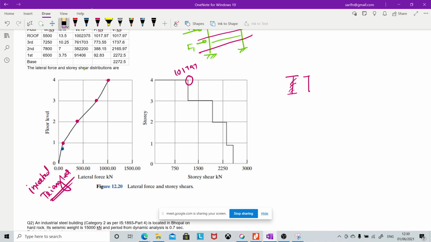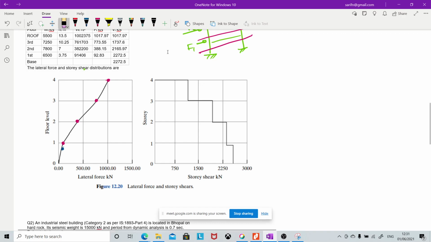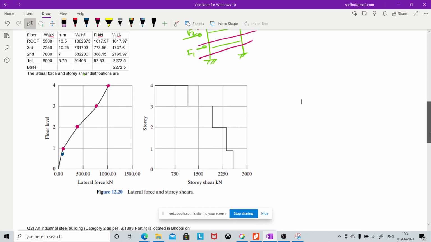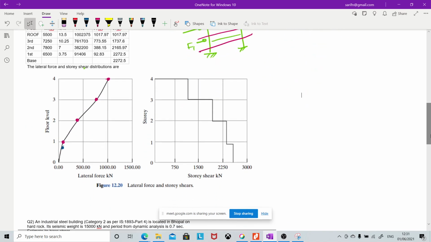For the exam, all that you require is to draw these two diagrams. After you draw these two diagrams, this will be a 10 mark or a 15 mark question. I will give you a problem where you have to do it from scratch.